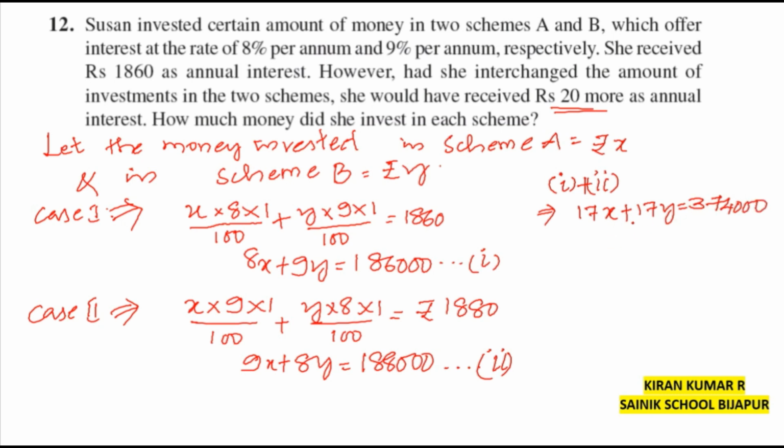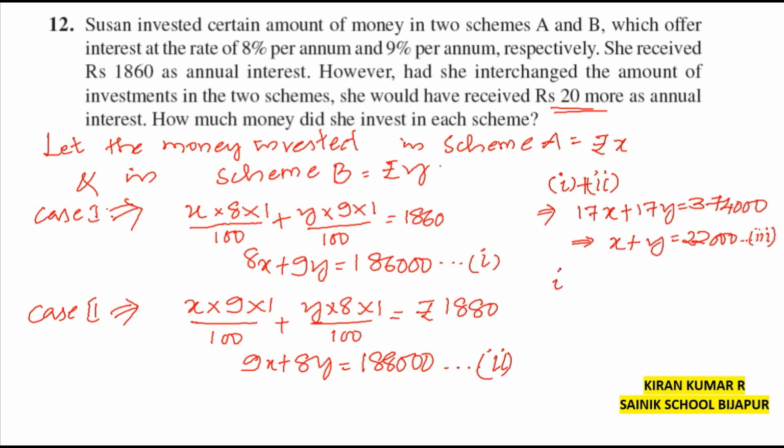Here, when you look at this, you'll get an idea. Probably it is divisible by 17. So if you divide by 17, we get x plus y equal to, when 374000 divided by 17, we'll be getting 22,000. Let me call this as equation 3.